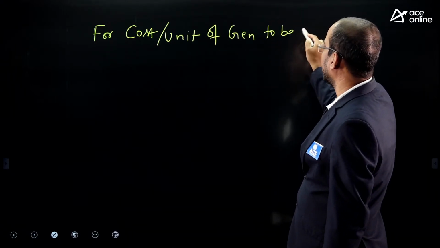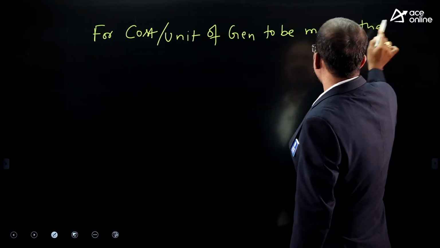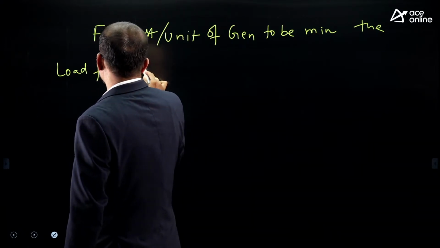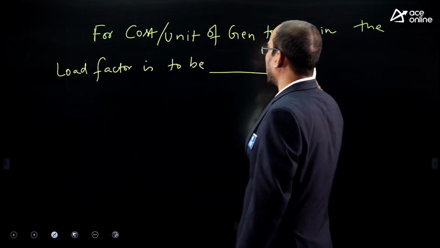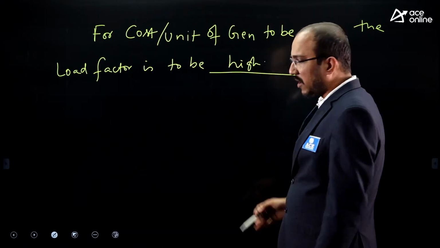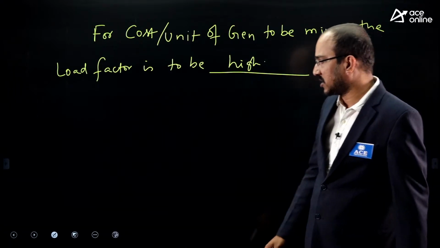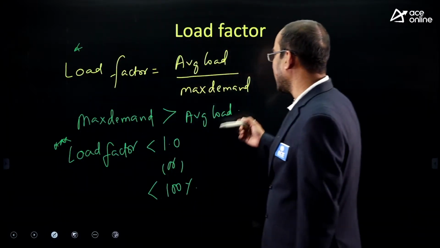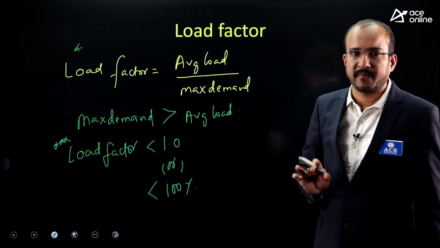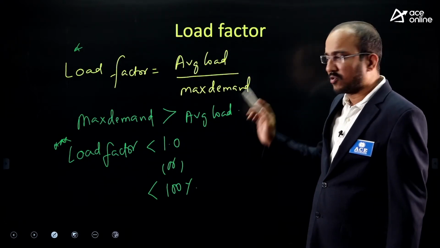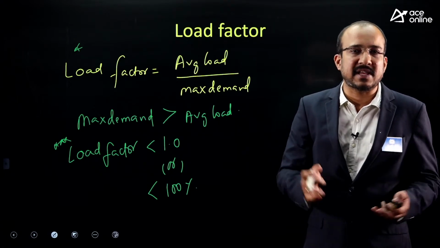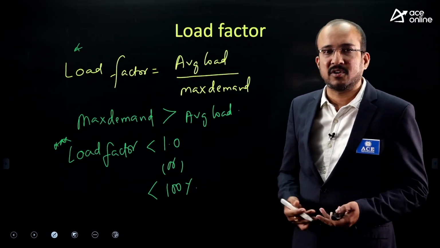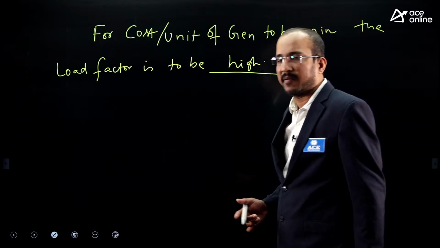If the load factor is high, average load is nearer to maximum demand. Then the fuel consumption will be reduced, so fuel cost is minimized. We can say running cost is reduced and the cost per unit will be minimized.